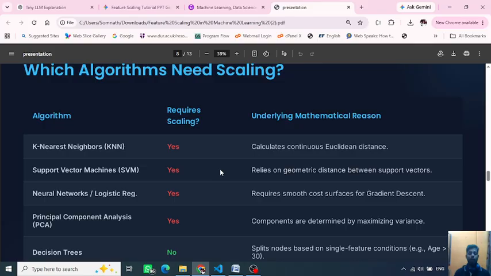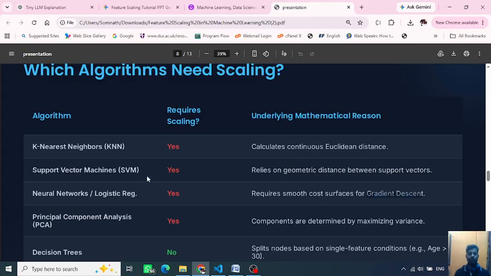Now let's have a look at which ML algorithms use this scaling. K-nearest neighbor, KNN, needs scaling because it uses distance calculation. Support vector machines, SVM, also need it because they rely on the geometric distance between support vectors. Neural networks and logistic regression also need scaling for a smooth cost surface for gradient descent.